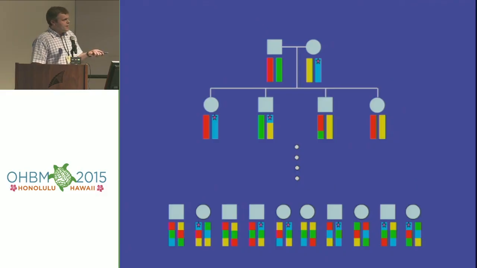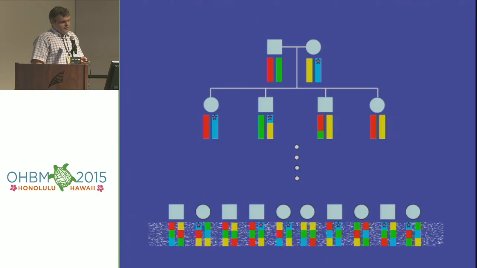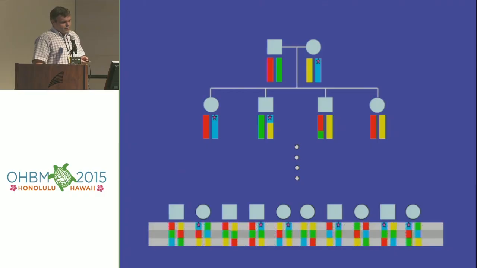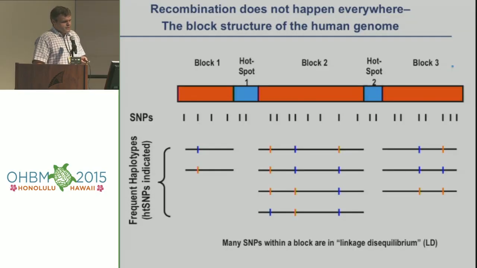And recombinations are occurring at these positions, but not within the blocks. So here is a different version of that. So these are these so-called blocks. That means these are pieces of the chromosomes. They can contain many SNPs, but there will be, across generations, no or almost no recombinations within these blocks.